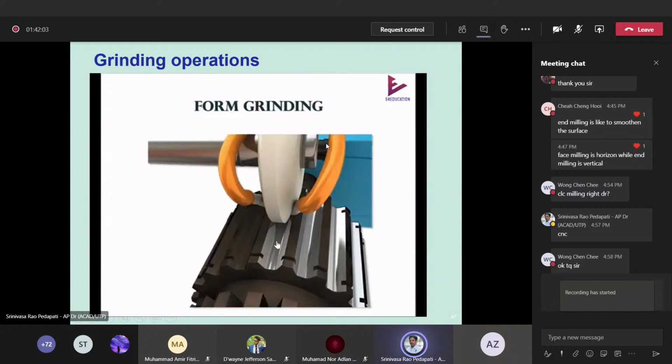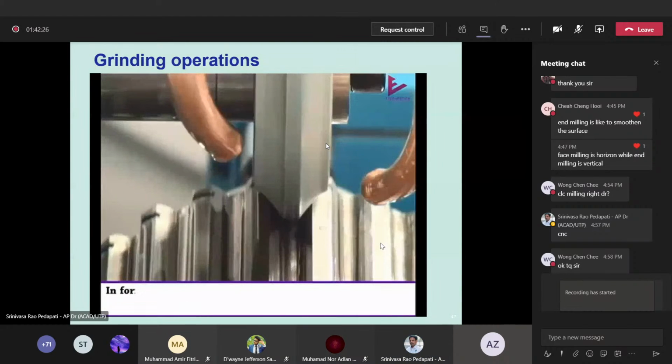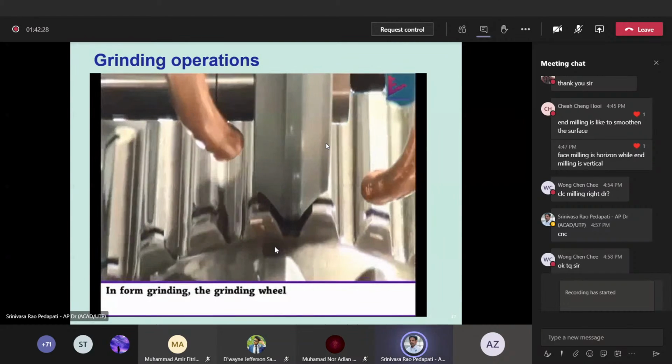When I say form grinding, here you can see the grinding wheels. What are they doing? Here the grinding wheel is in the particular shape of this gear, to finish the gear, to make the finishing operation on the gear. Here you see this is the gear tooth.